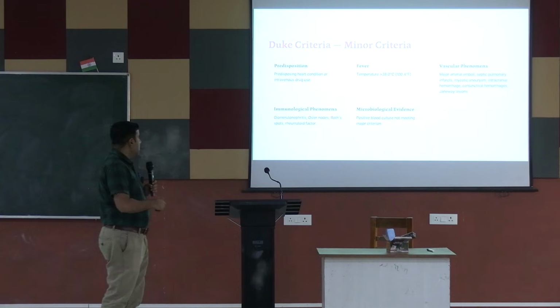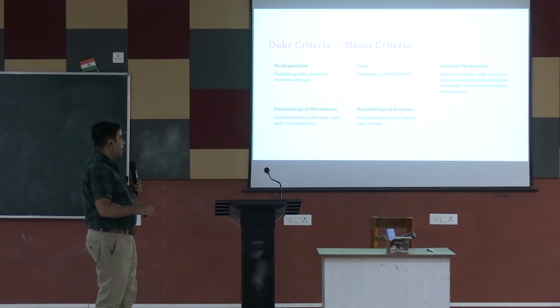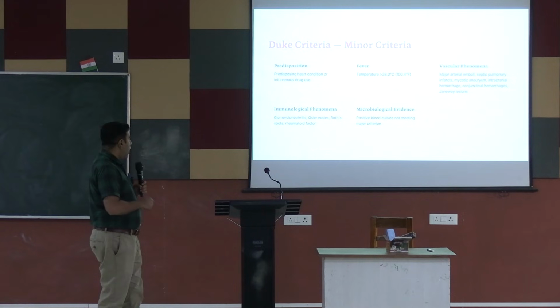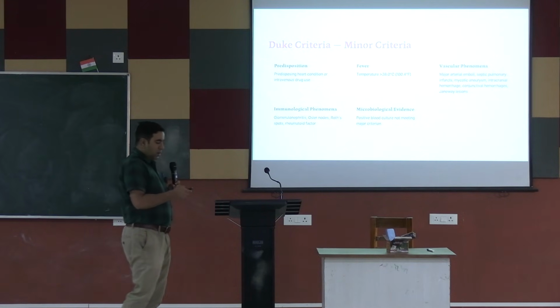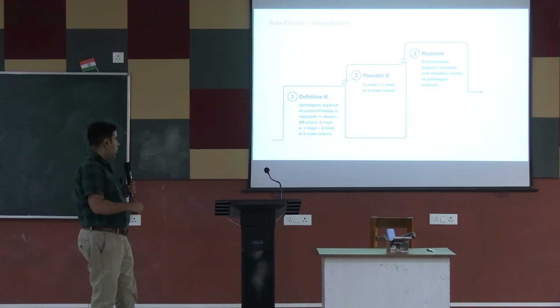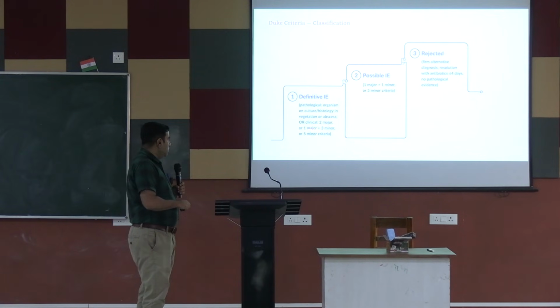Five minor means predisposition, fever, vascular phenomena, all. If all the minor criteria are positive, then we can diagnose, or 1 major along with 2 minor, or 3 minor or 1 major. 1 major, 3 minor, all 5 minor, or only 2 major without any minor.